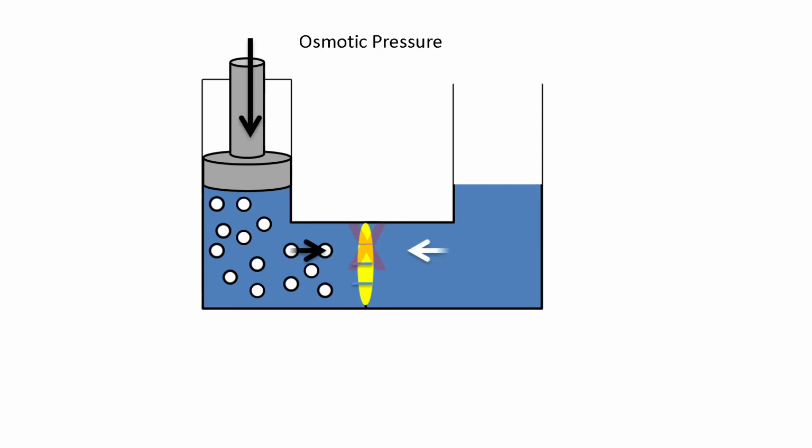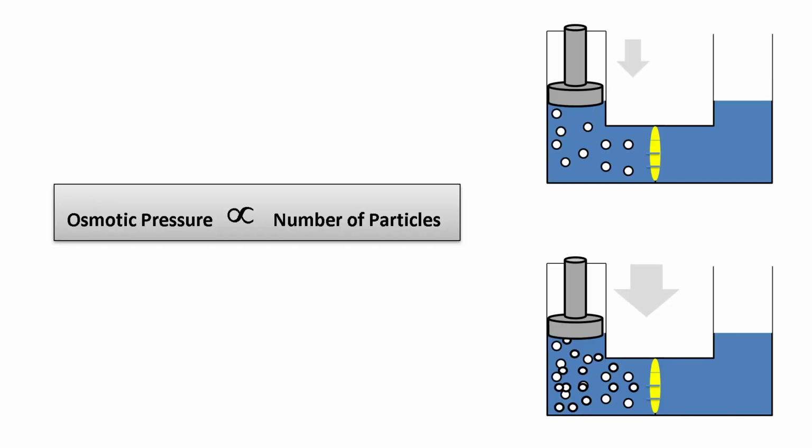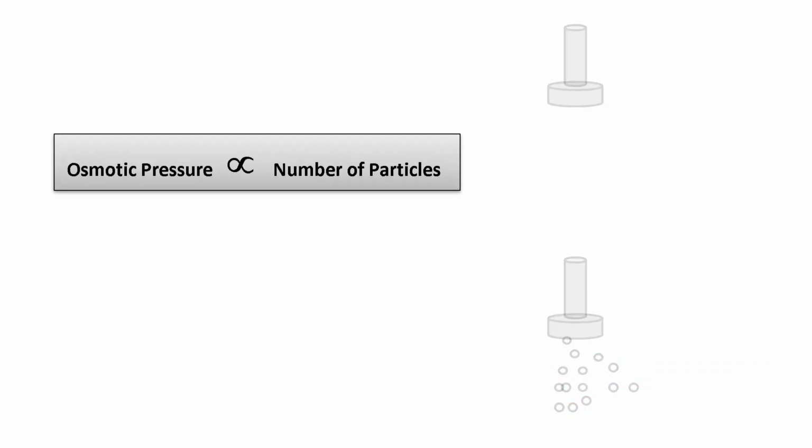This counteracting force is the osmotic pressure. Thus, we can say that osmotic pressure is the minimum pressure which needs to be applied to a solution to prevent osmosis. Osmotic pressure is directly proportional to the number of particles present in the solution.